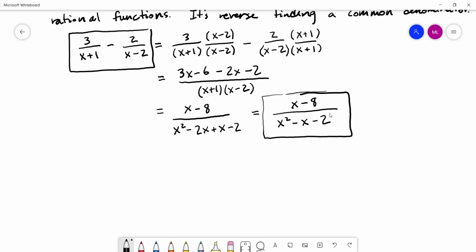This is not something that I know how to integrate, but if we can break it down into two simpler looking pieces, each would be integrable using basically a U substitution, and it wouldn't be too bad at that point. So normally we go from here to here, but in this case, we're going to want to go in the reverse direction. And so how do we do that?